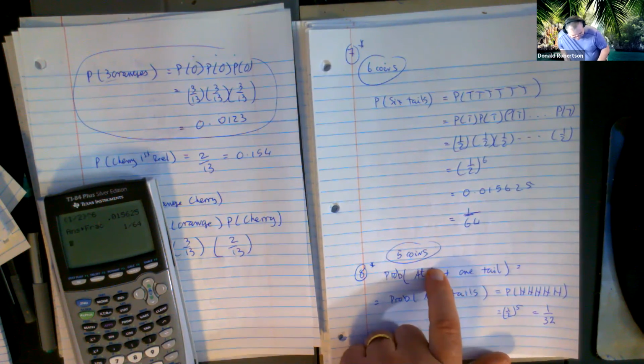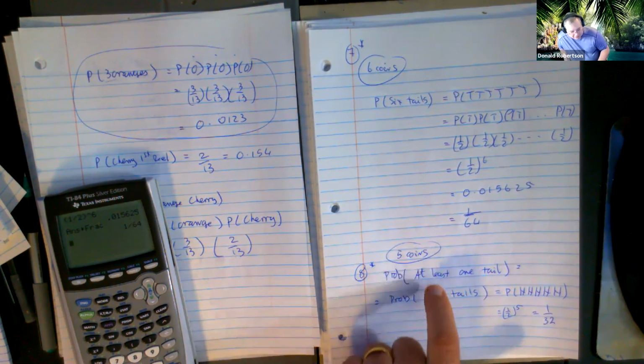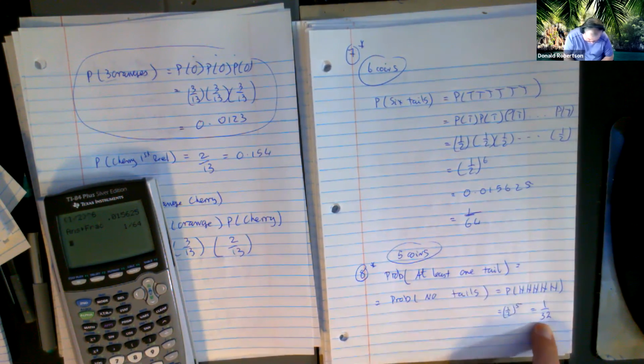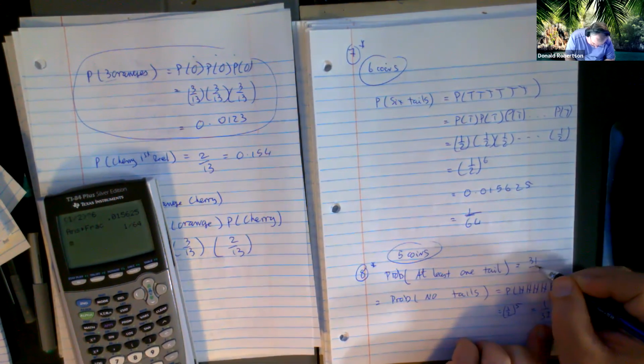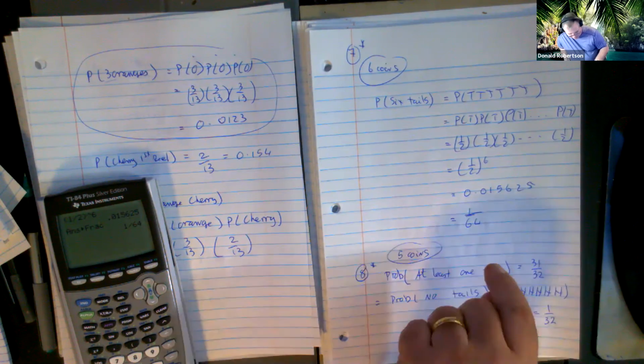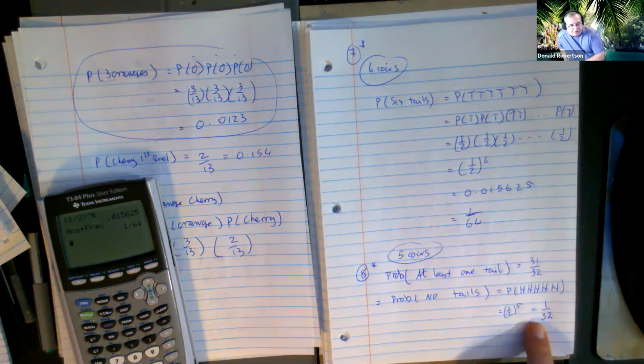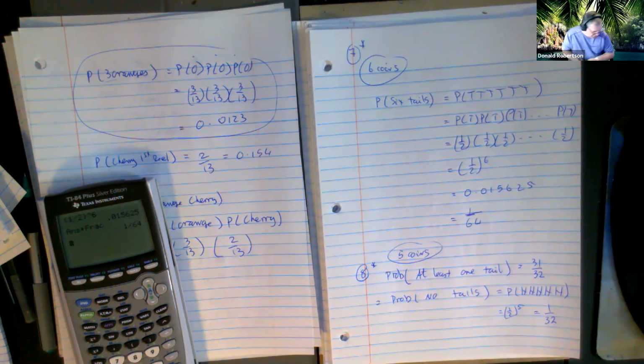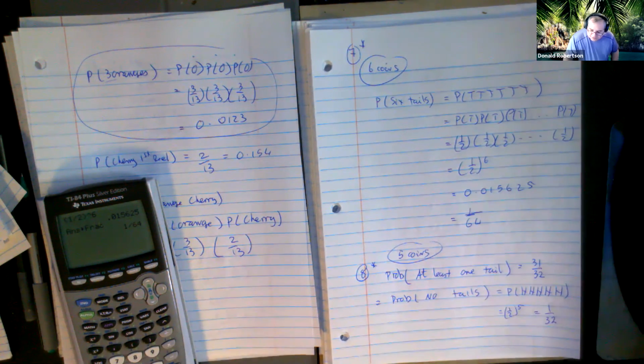This guy and this guy are complements. I found out what this one is, so isn't he the rest? So I indirectly got the answer by finding its complement and then subtracting it from 1. Oh, that was a little bit of work for one day.